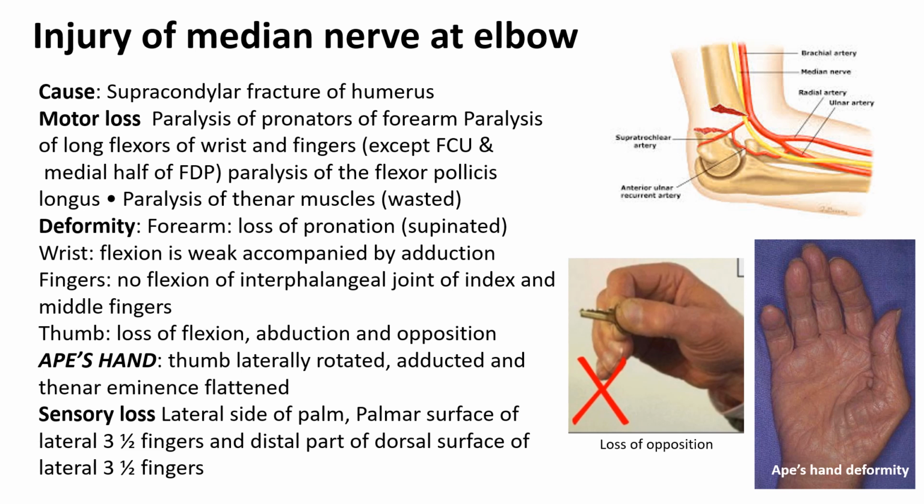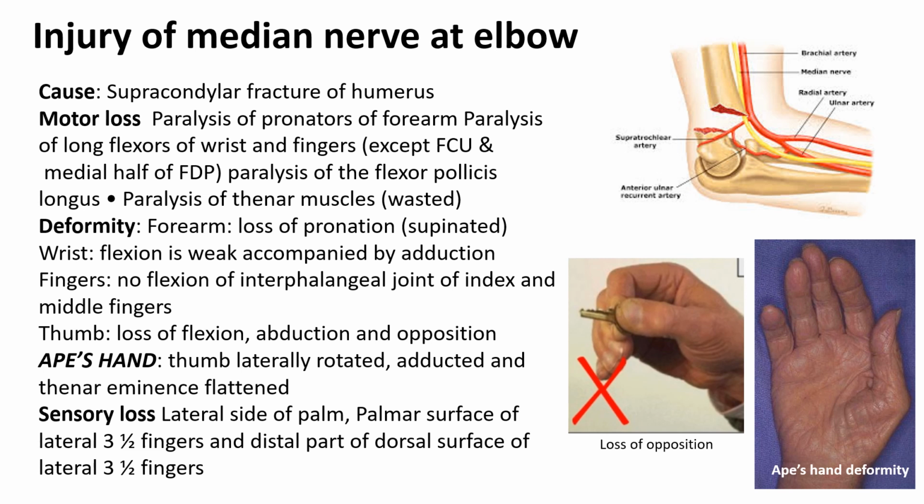So there will be a loss of pronation. The forearm is fixed at supination. There will be a weak wrist flexion with adduction because the action of flexor carpi ulnaris is intact, because of ulnar nerve innervation.